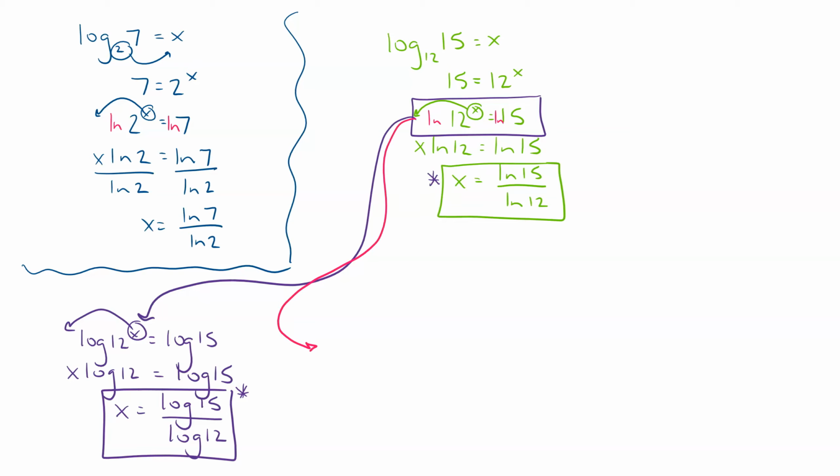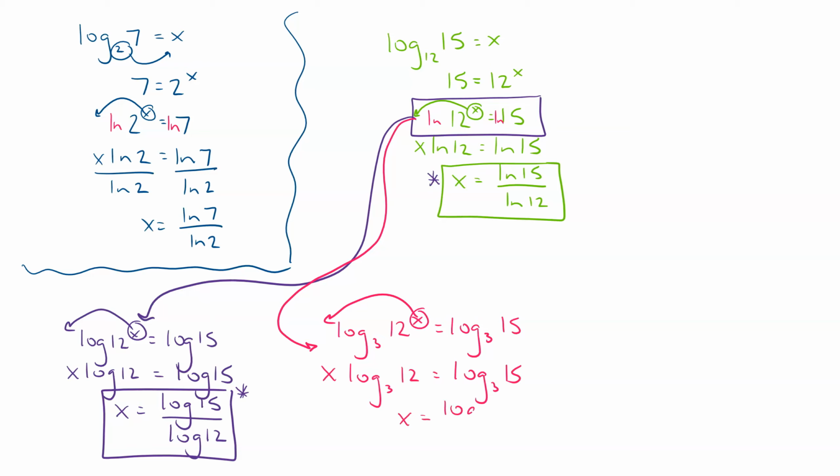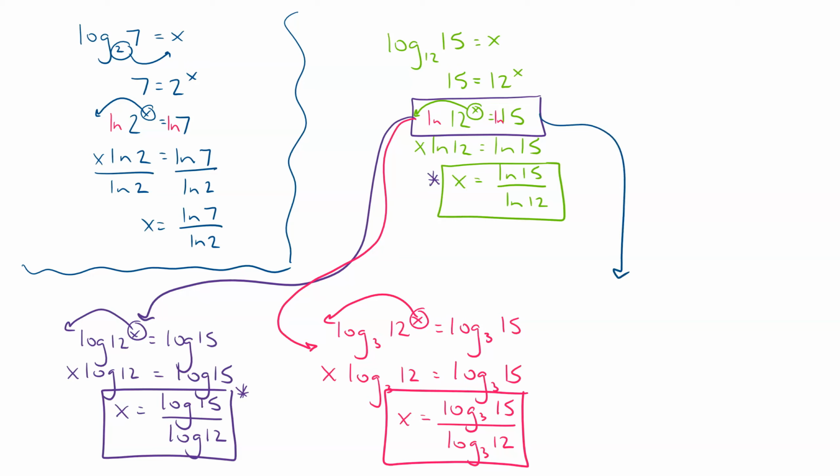Let's say I had picked, say, a log base 3. I'd have log base 3 of 12 to the x equals log base 3 of 15. Froggy jumps off the loggy. Divide across. Our answer would look like this. Let's do that one more time, again with a different base.